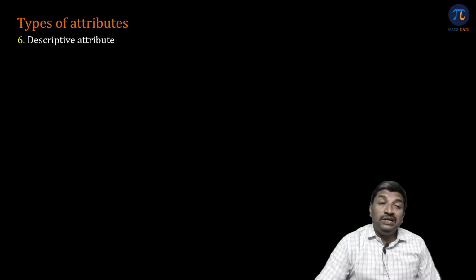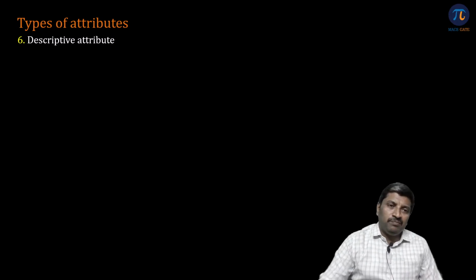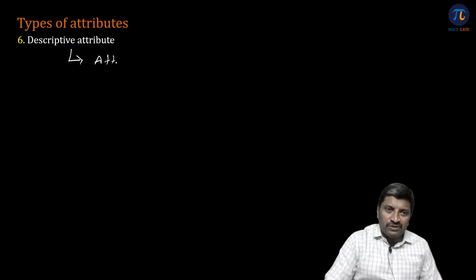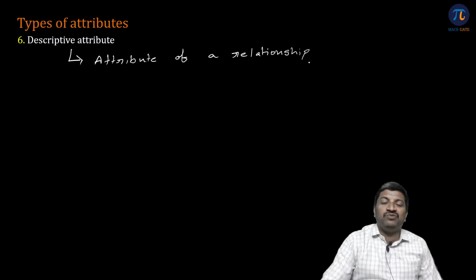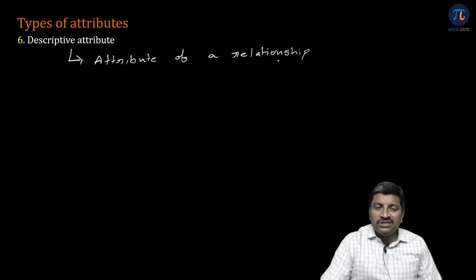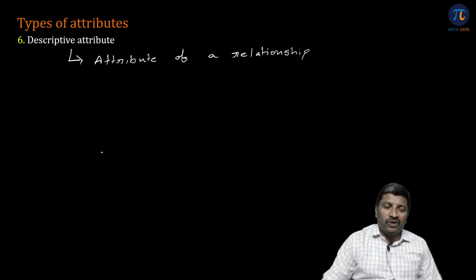The next one is descriptive attribute. First, let me give the definition so that you can imagine the example: an attribute of a relationship. Generally you consider the properties or characteristics of entities, but sometimes the relationships also will have attributes.